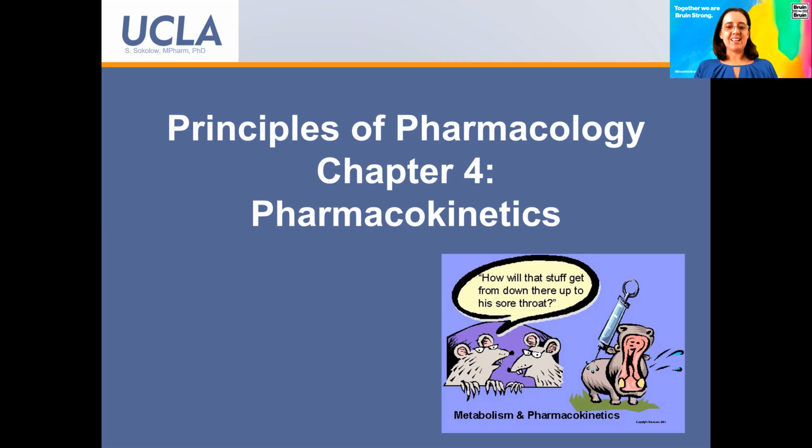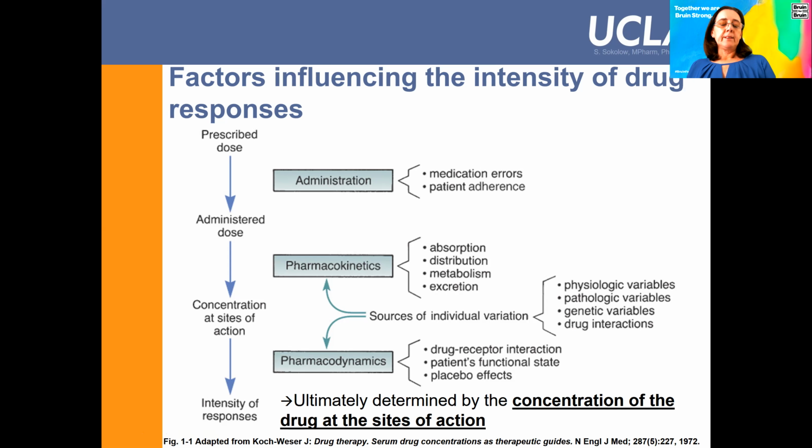One of the reasons is, first of all, medication errors, but as there is a lot of progress made in the hospital and also in the community setting to limit those medication errors, it is not more likely that you'll have errors at that stage. But of course, if the patient is prescribed drug A and instead receives drug B, the prescribed dose and the administered dose are going to be different.